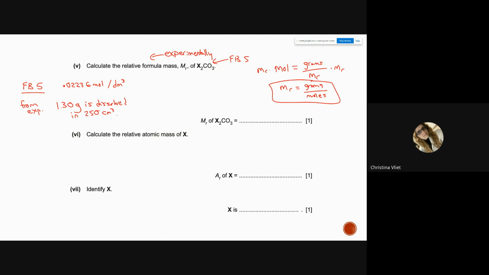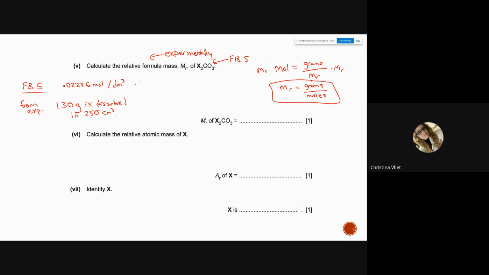So what do we do to get the molar mass? We have the amount of grams in 250 centimeters cubed. We have the amount of moles in how much volume? In how much volume is this concentration?